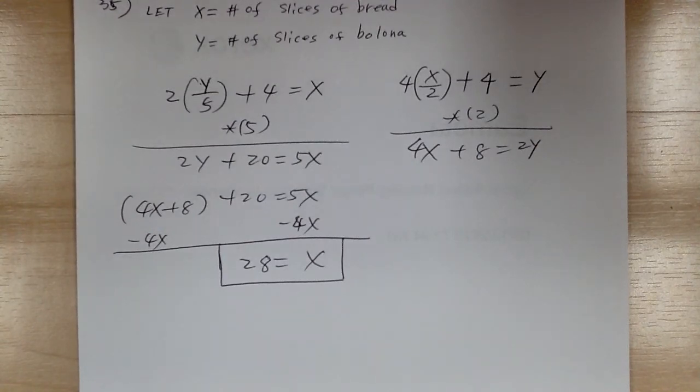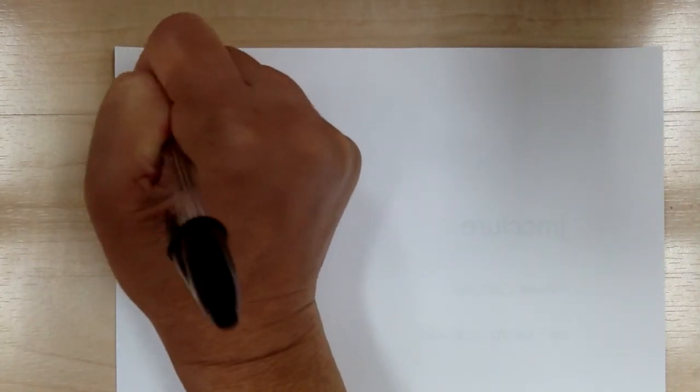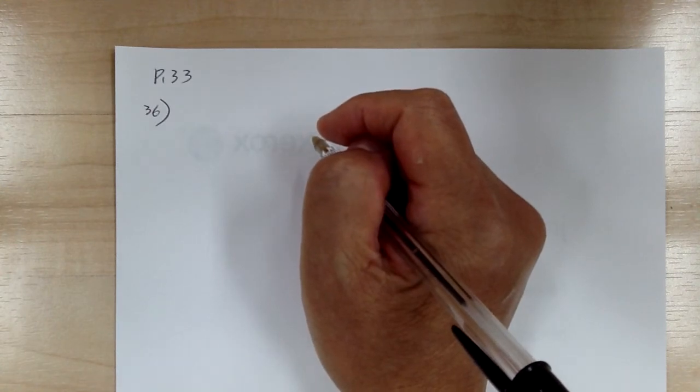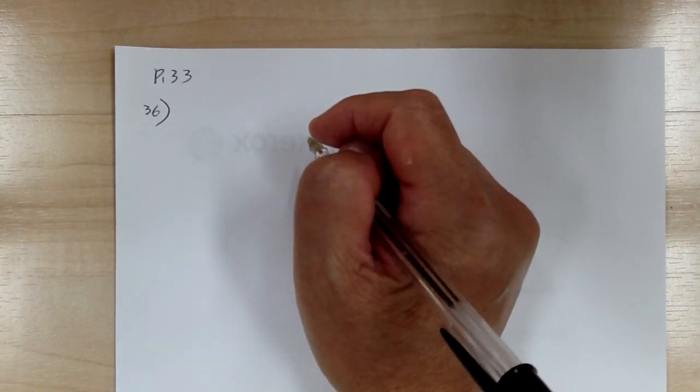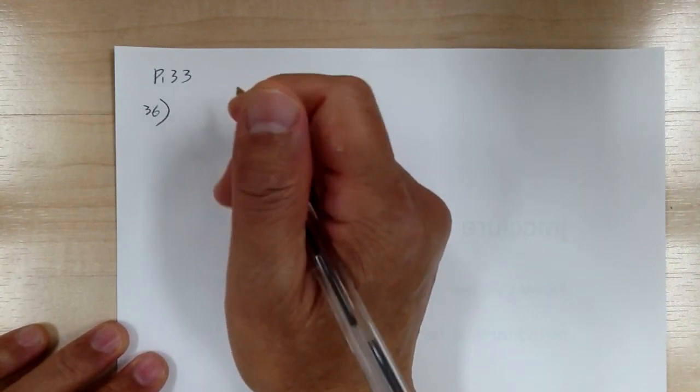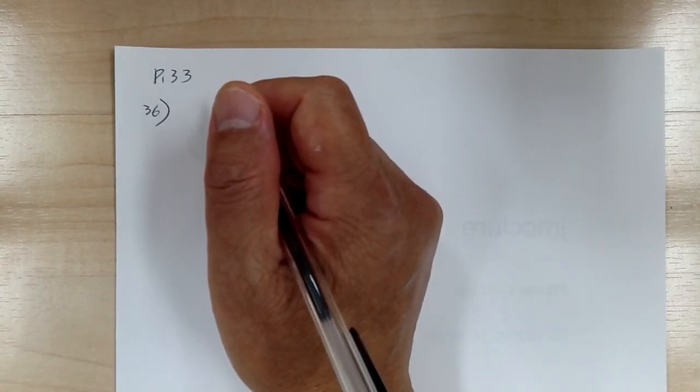Okay, let's go to number 36. So this is the coin problem. So there are pennies, nickels, and quarters, and the total is worth 308 cents. Okay.